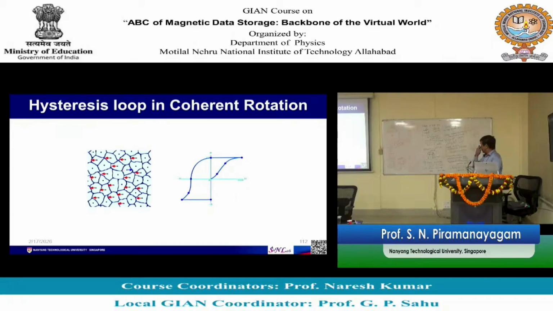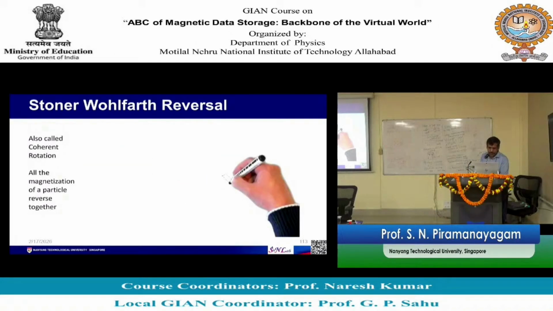In the domain wall motion case, you saw that there was a domain and the domain expanded, but here you have tiny regions that switch independent of each other. So this mechanism is called coherent rotation or the Stoner-Wohlfarth reversal mechanism.